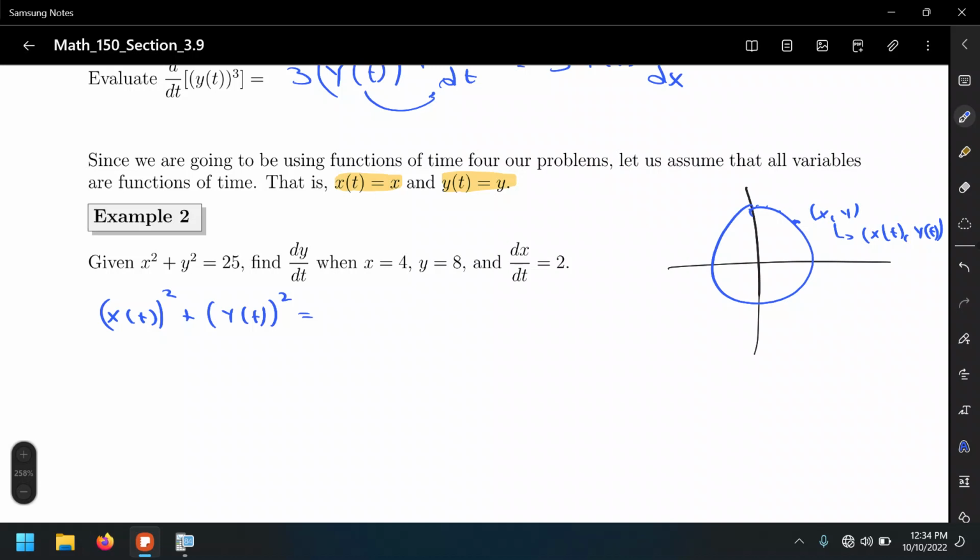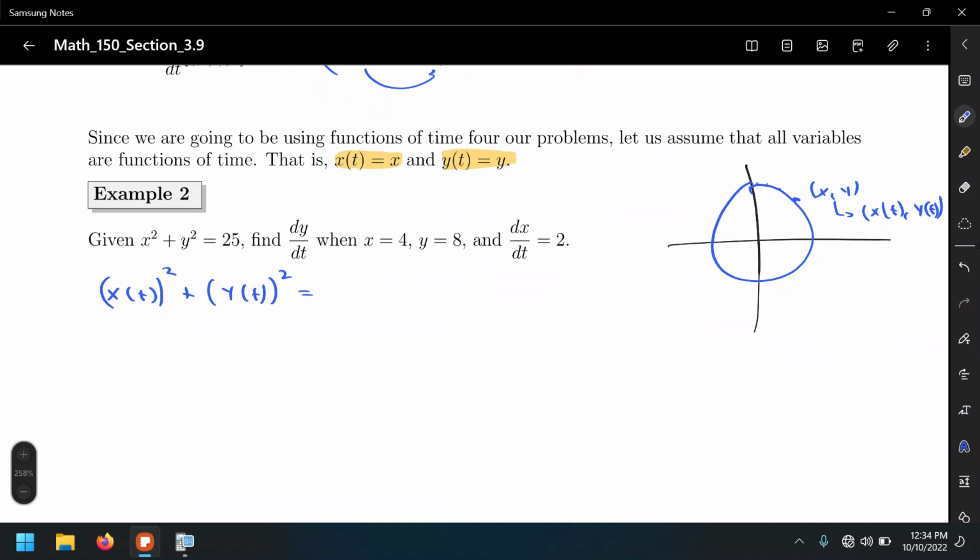Alright, so we're going to differentiate the quantity x squared. The derivative of x squared, isn't it just 2x of t? But in this case, we're going to do a mini chain rule, because this x is changing with respect to time. Plus the derivative of y of t squared, that's 2y of t.